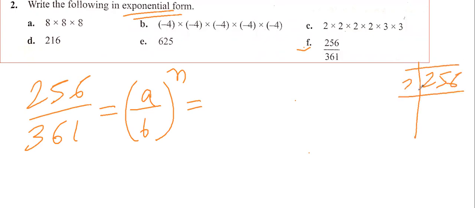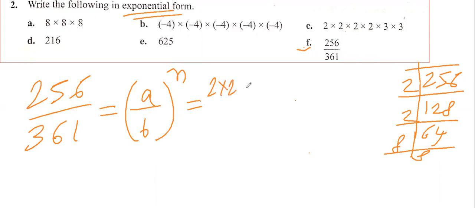So 256 divided by 2, if I do, I will get 128. Again divided by 2, it will be 64. I know 8 squared is 64, right? So I'm not doing it. So this I can write, 256, as 2 into 2 into 2 into 2 into 2 into 2 into 2 into 2. 1, 2, 3, 4, 5, 6, 7, 8.